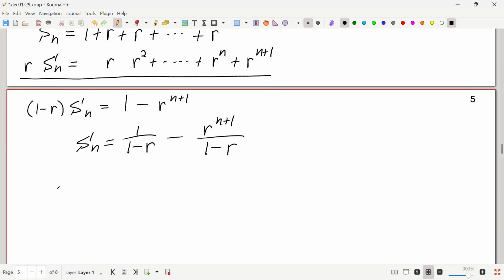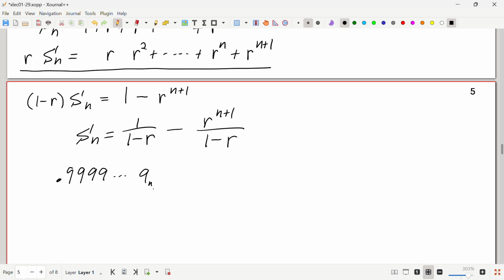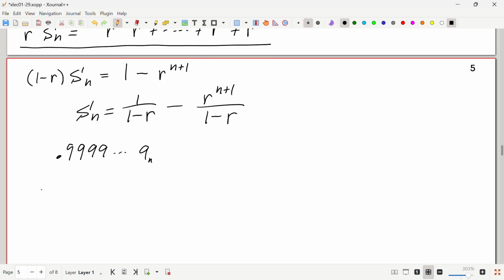Okay, and 0.99999 until I get the nth 9. That's equal to 9/10 plus 9/100ths plus 9/1,000ths plus etc., 9 over 10 to the nth.